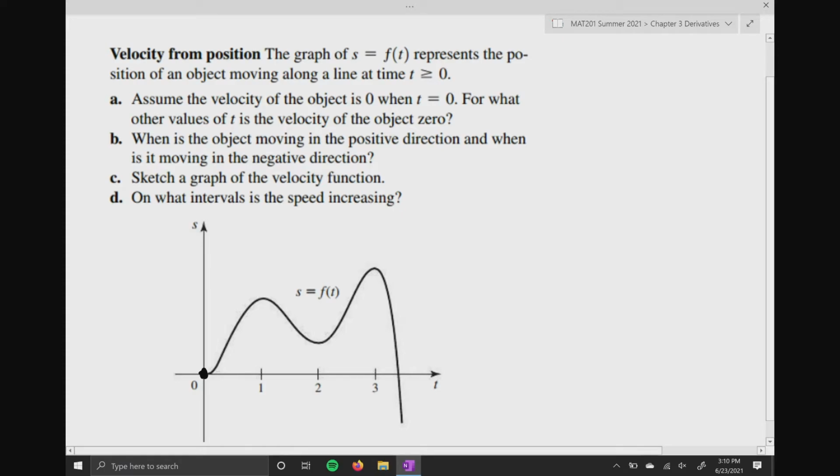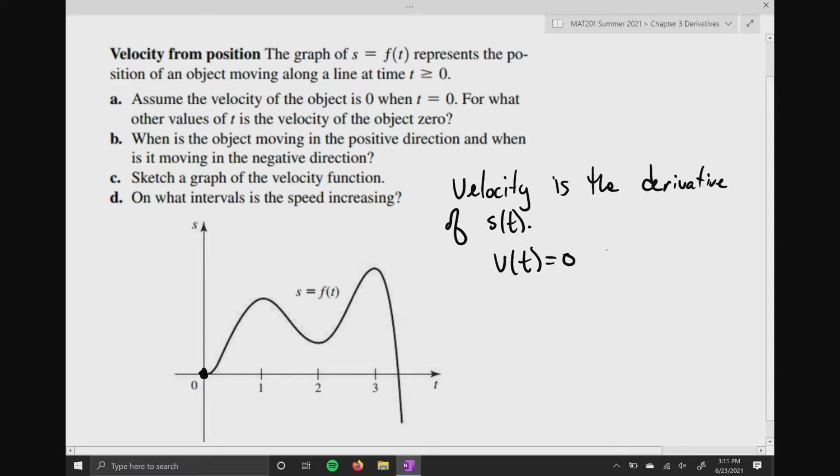Now, you got to remember, velocity is the derivative of displacement, s of t. So when they're asking when the velocity equals 0, what we're really asking for is where are the horizontal tangent lines?